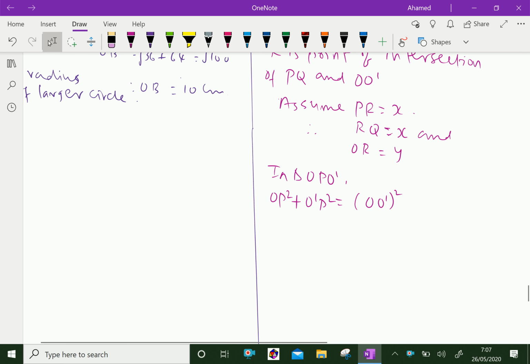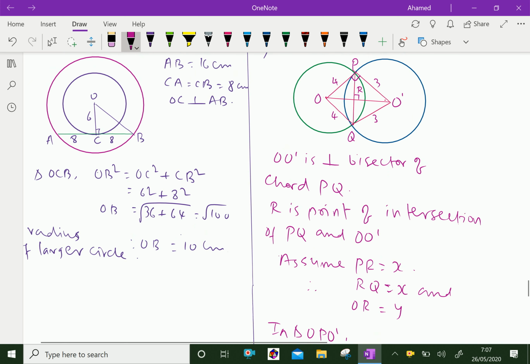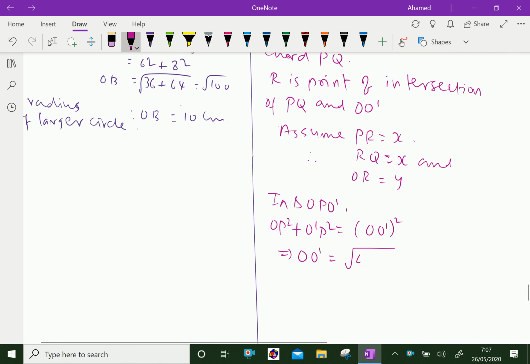Therefore OO dash equals square root of OP, which is 4 square, plus 3 square, equal to square root of 16 plus 9, which is 25, which equals 5.